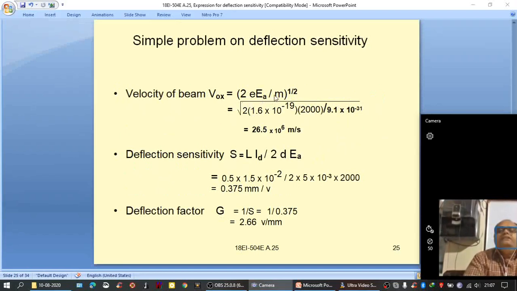That is, 2 into the charge of electron, 1.6 into 10 power minus 19, into EA, which is 2000 volts, divided by the mass of electron, 9.1 into 10 power minus 31, under square root.